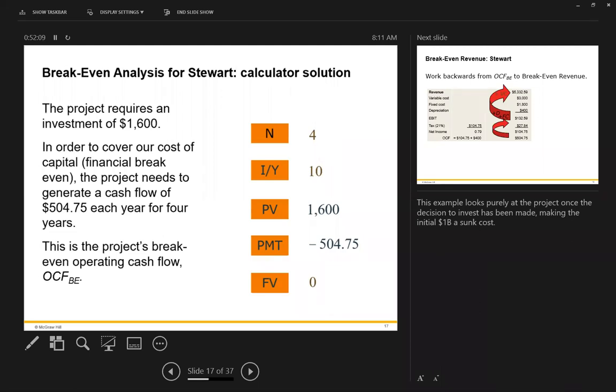So fixed costs times 79%, we'll add that, so that's a cost. We're going to subtract, though, the tax savings from the depreciation. So how much does it really cost after tax for this project? 1,917.1.